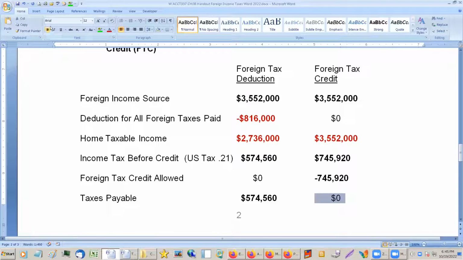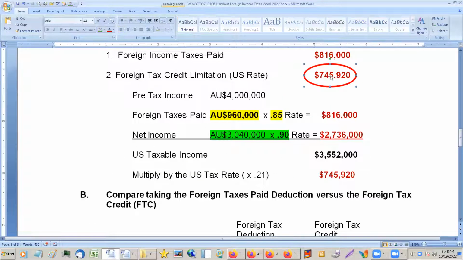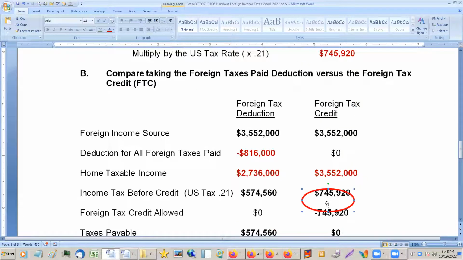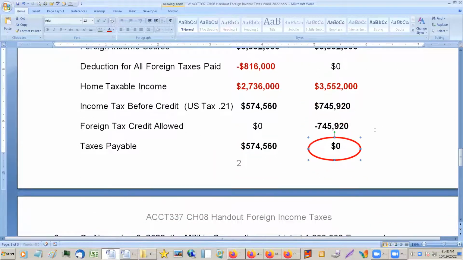So would you rather pay 574,000 or zero? If you're like me, you want to go with the zero.